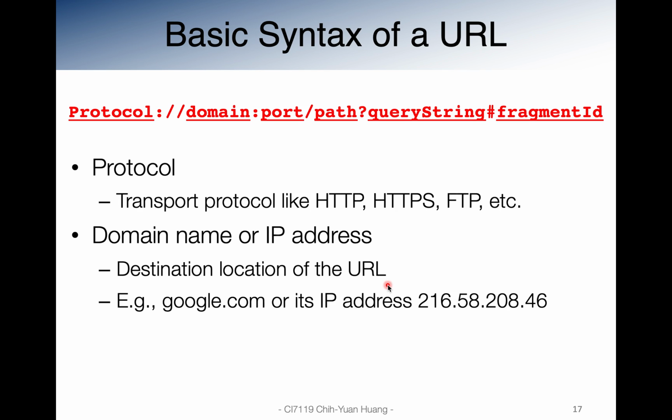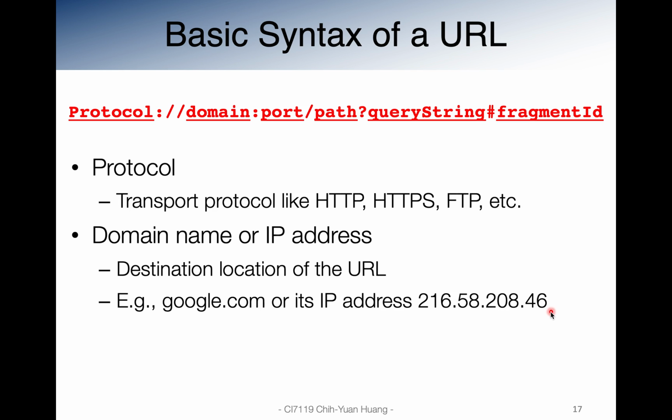By using the domain name and IP address, you are able to identify that specific machine. For example, a domain name like Google Maps has a corresponding IP address, which is this one. Originally, people used the IP address to identify a specific machine on the internet.